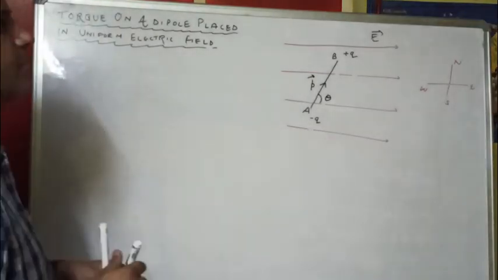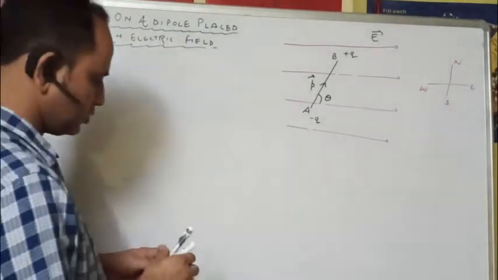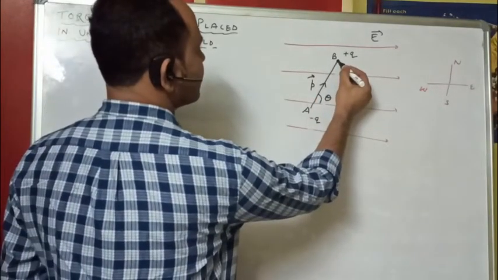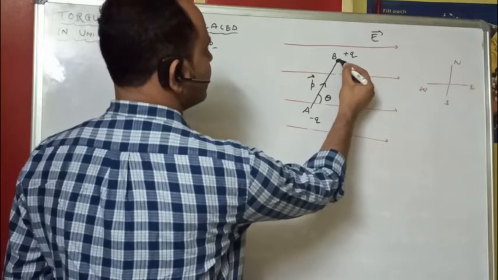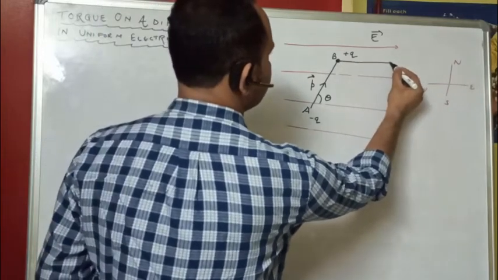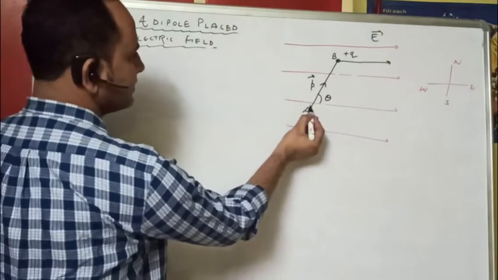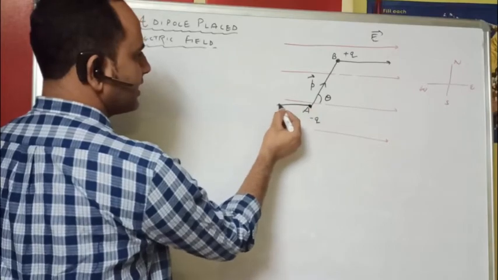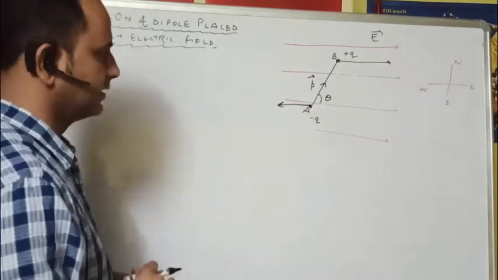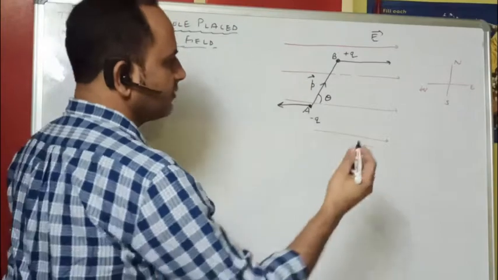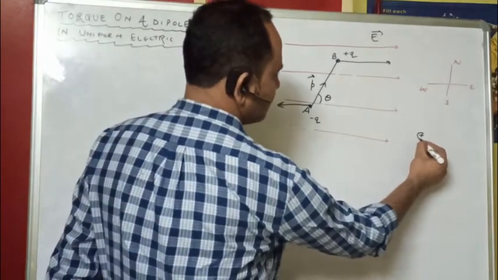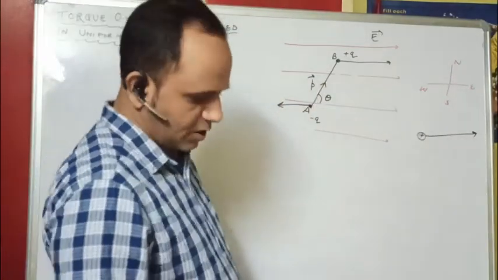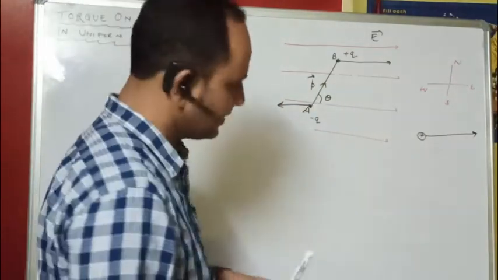See what happens. The positive charge will experience a force due to the electric field in the direction of the electric field, and the negative charge will experience a force in the opposite direction. For example, suppose there is a positive charge with electric field lines originating from it and going outwards.